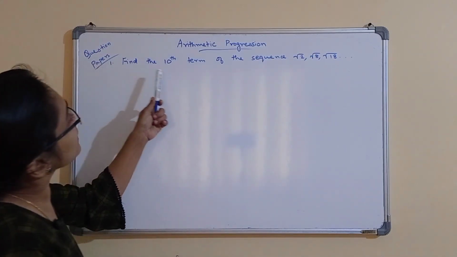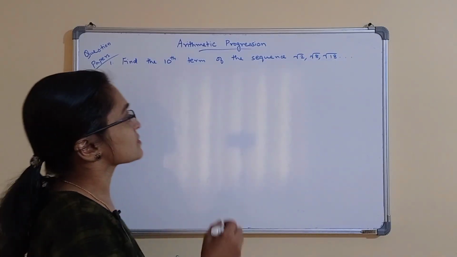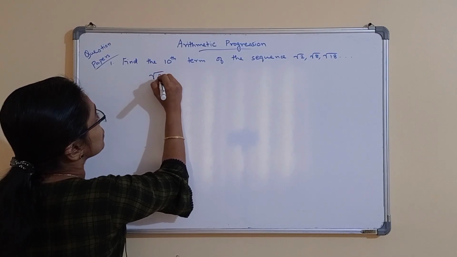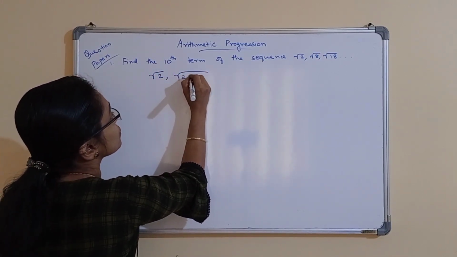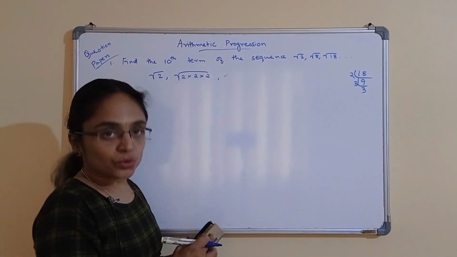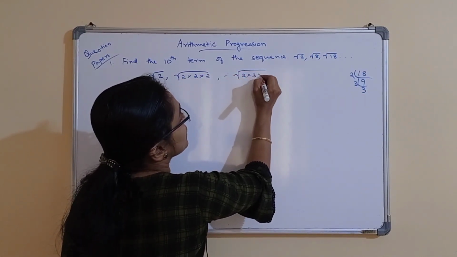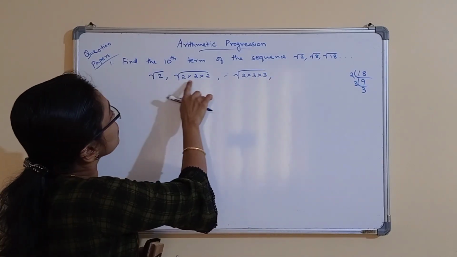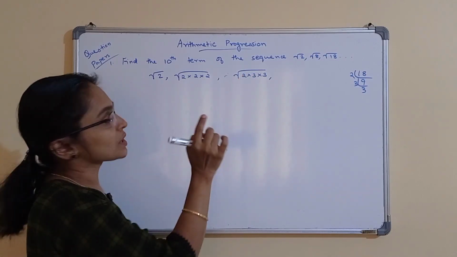And the question is, find the 10th term of the sequence root 2, root 8, root 18, etc. So this sequence can be written as root 2. Root 8 can be written as root of 2 into 2 into 2. Root 18 can be written as root of 2 into 3 into 3, etc. The sequence will be root 2 into 2 into 2, then root 2 into 3 into 3 and so on.